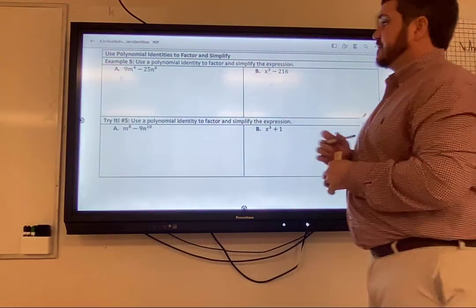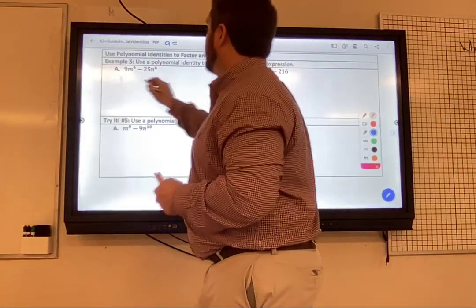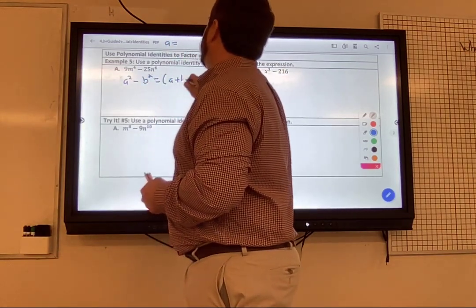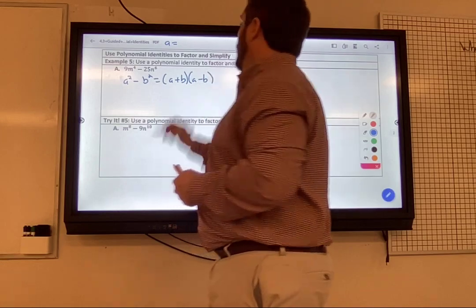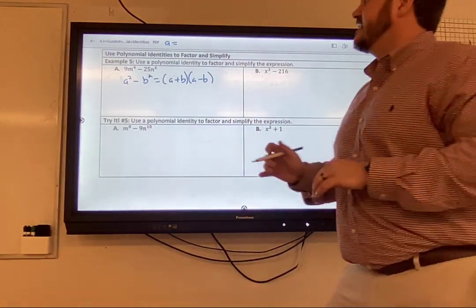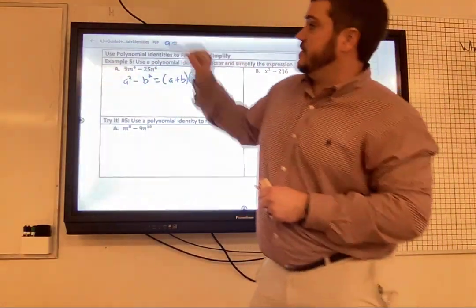So all we have to figure out is what A is. A squared minus b squared is going to be equal to a plus b times a minus b. Even though it doesn't look like it because it's got an exponent of 4 and an exponent of 6, as long as they're even and you have perfect squares in front, you can still use it.